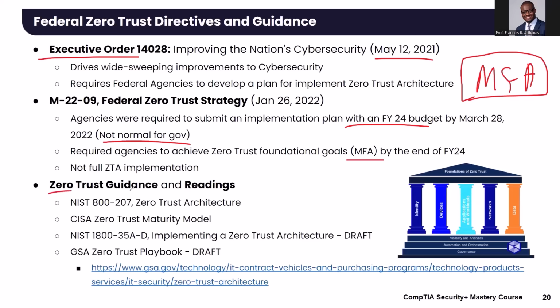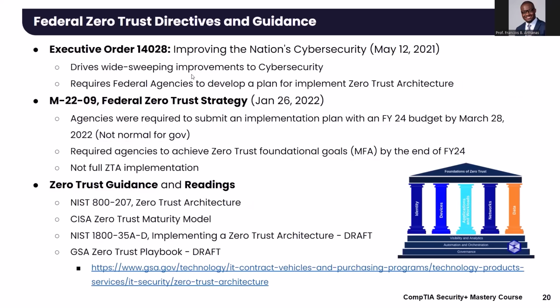And then after he did that, a lot of documents came out from NIST, from CISA, from GSA, and a few other agencies. They all put out their guidance, if you will, on how zero trust should be implemented in government agencies, but also in private corporations as well.